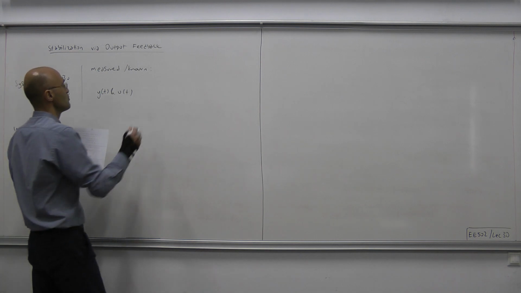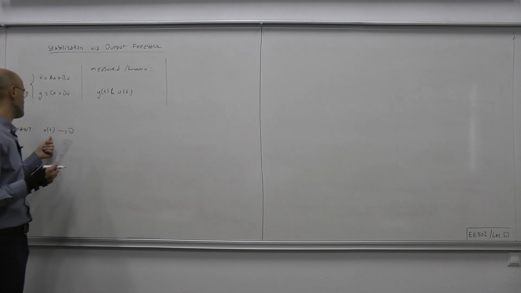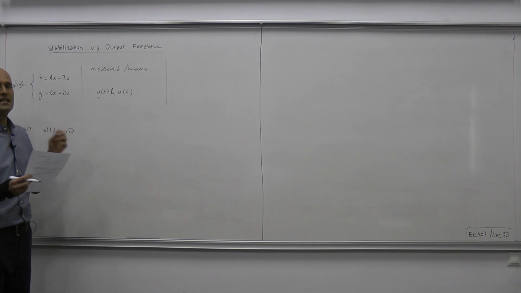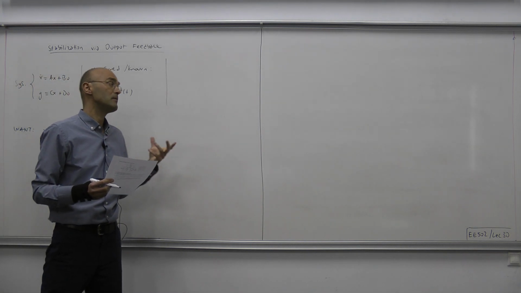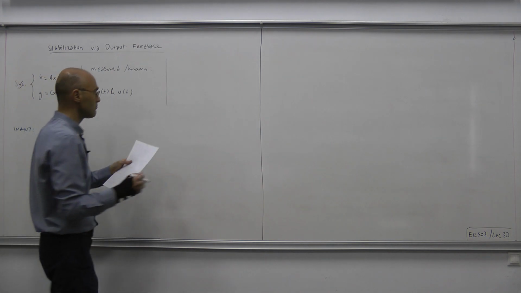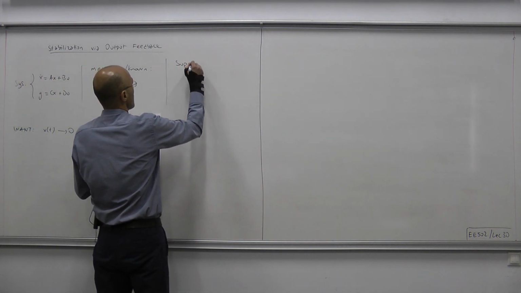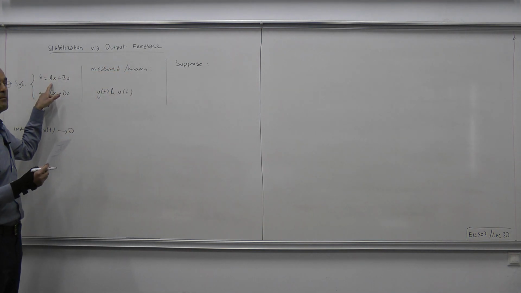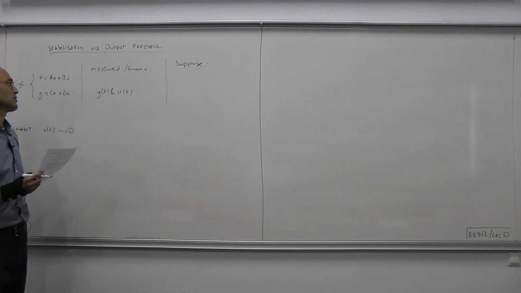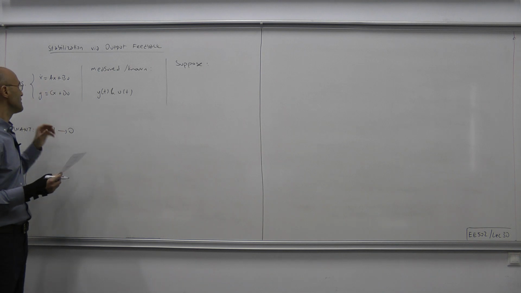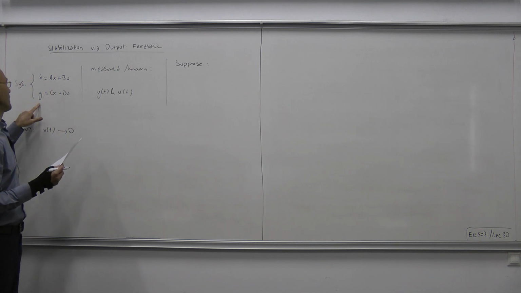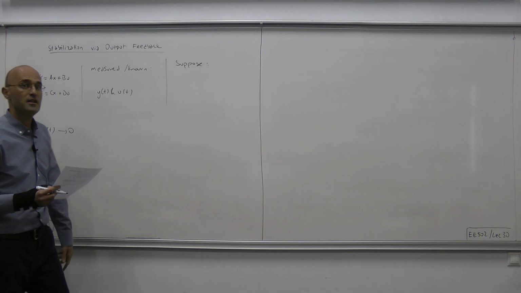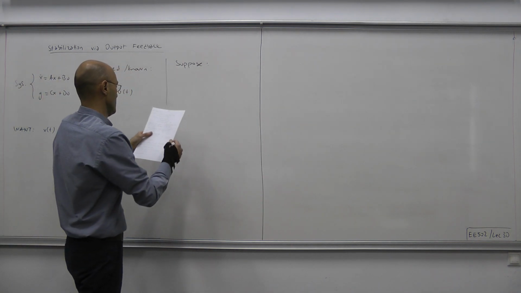Now, to be able to achieve this goal, the minimal set of assumptions turns out to be that the pair A, B is stabilizable, and also that the system is detectable.